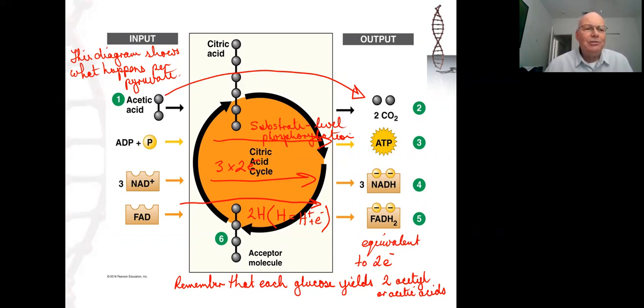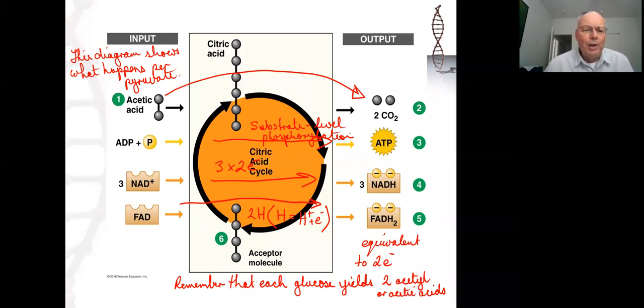We've got access to all the energy that we're going to be able to get access to from the glucose molecule. The question now becomes, where is that energy? At the end of glycolysis, it was in the pyruvate molecules, but we've now broken down the pyruvate molecules completely to carbon dioxide. So where is the energy?